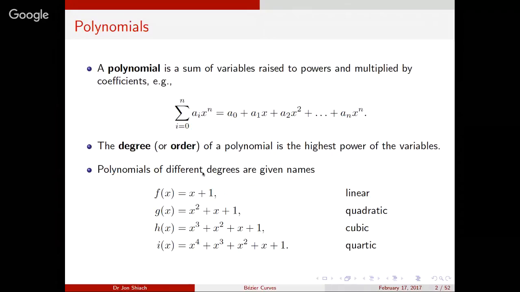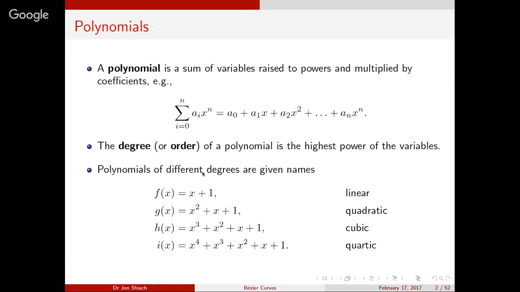For example, a0 plus a1x plus a2x squared plus a3x cubed, etc. That's what a polynomial is. We refer to the degree or order of the polynomial as the highest power of your variable, so in this case this would be a degree n polynomial.